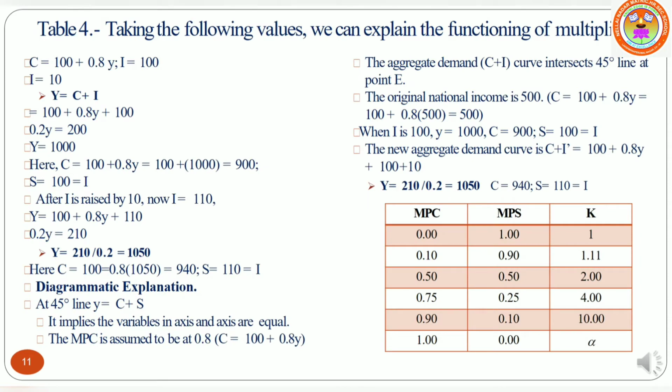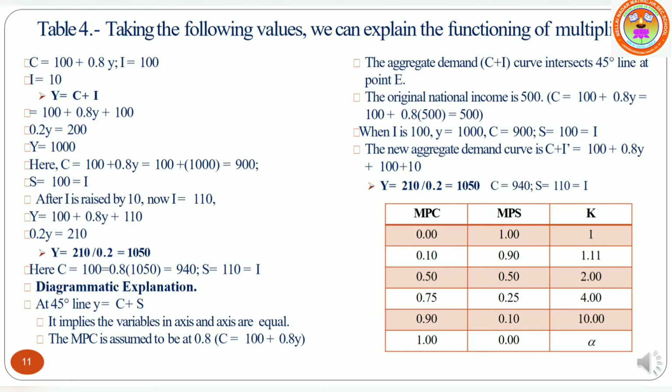Taking the following values, we can explain the functioning of the multiplier. C equals 100 plus 0.8y. Investment I equals 100. The other investment is 10. So Y equals C plus I, 100 plus 0.8y plus 100.